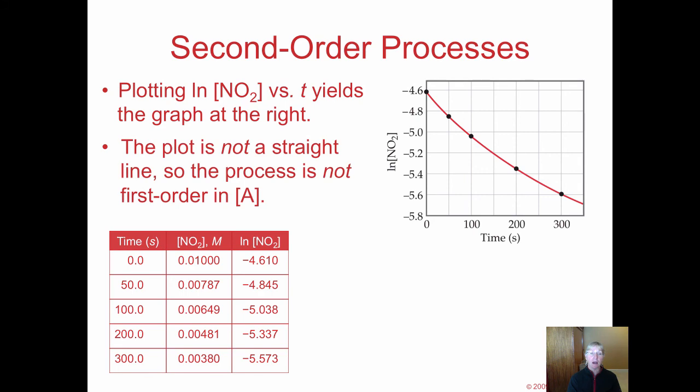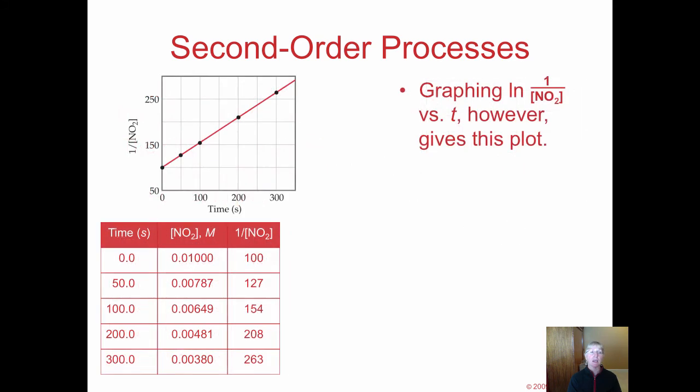So since it's not a straight line, now what you're going to try is the inverse of the concentration of the nitrogen dioxide. So now we have the same data, a time and a concentration, but now the column that you make is the inverse of the concentration. And this time you get a plot that's a straight line with a positive slope.